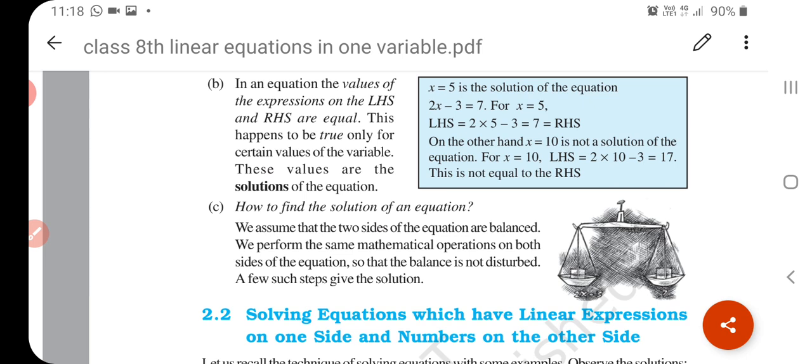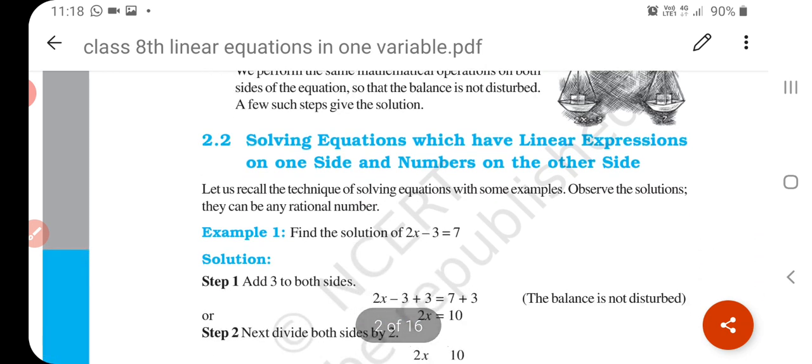Understand? And then we have learned balancing method. Balancing method means on both sides we use the same number and same operation.